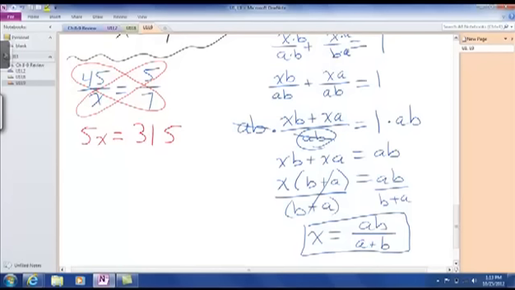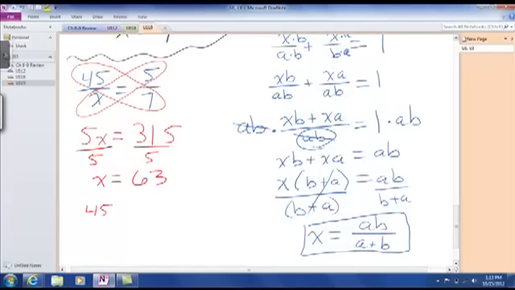So we've got 5x equals 315, divide both sides by 5, and x equals, let's see, 63. 5 goes in, yeah, 63. So x equals 63.